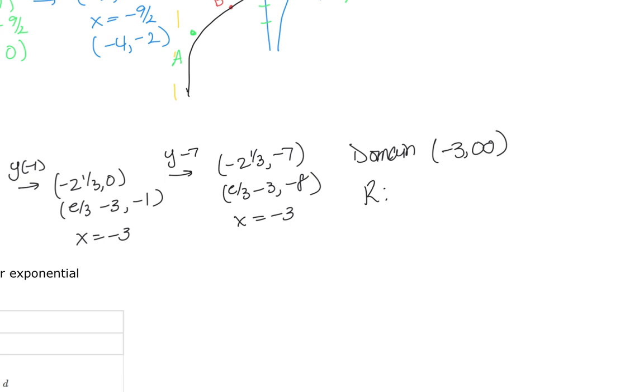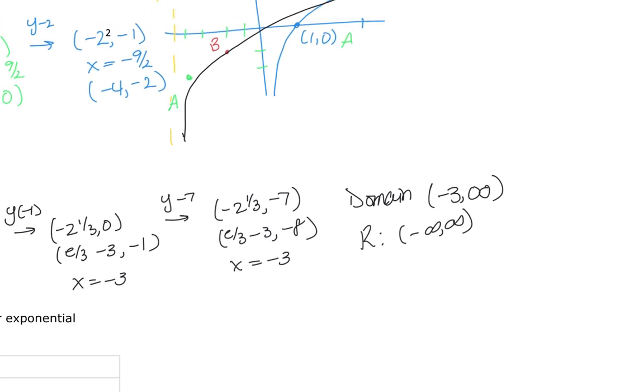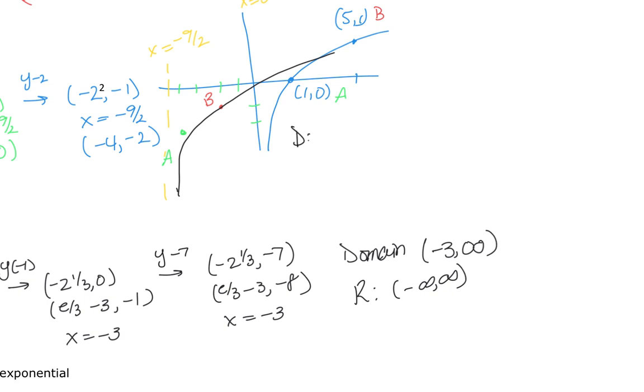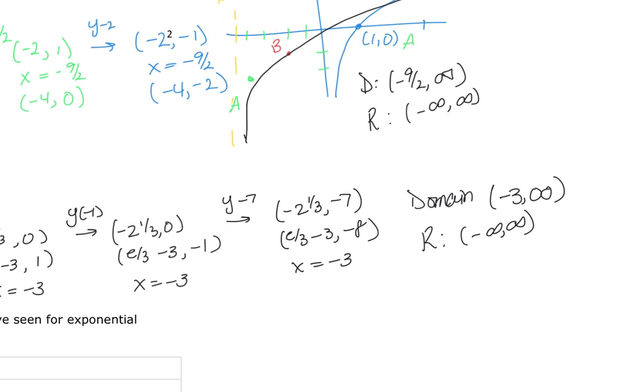My range doesn't change. It just goes from negative infinity to infinity. And up here, because it asked for the domain, it would have been negative 9/2 to infinity. And my range would have been from negative infinity to infinity.